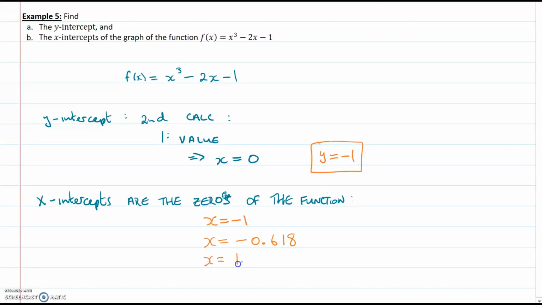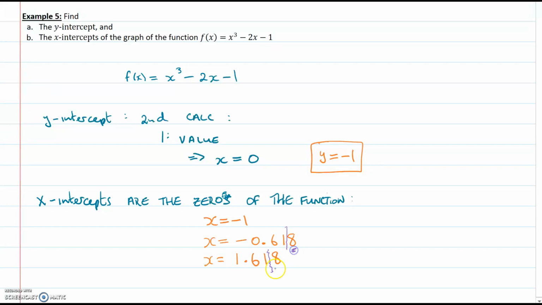X equals 1.618. Okay, now we've sort of made a habit recently of rounding off to 2 decimal places. So let's say we want to round to 2 decimal places again. Then after the second decimal place, draw a line down. After the second decimal place here, draw a line down.